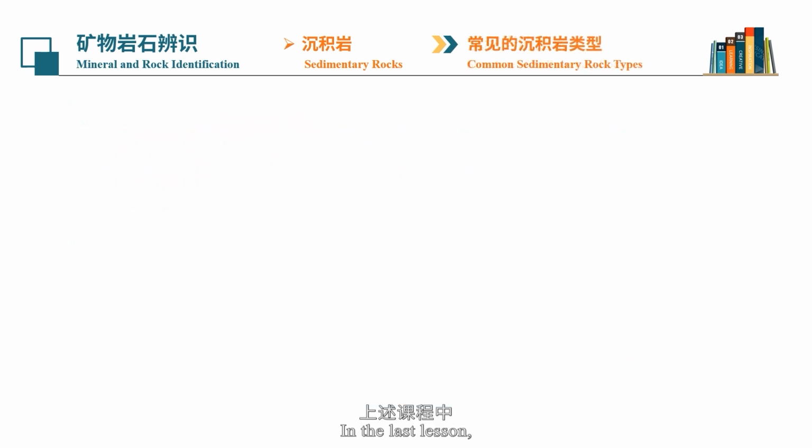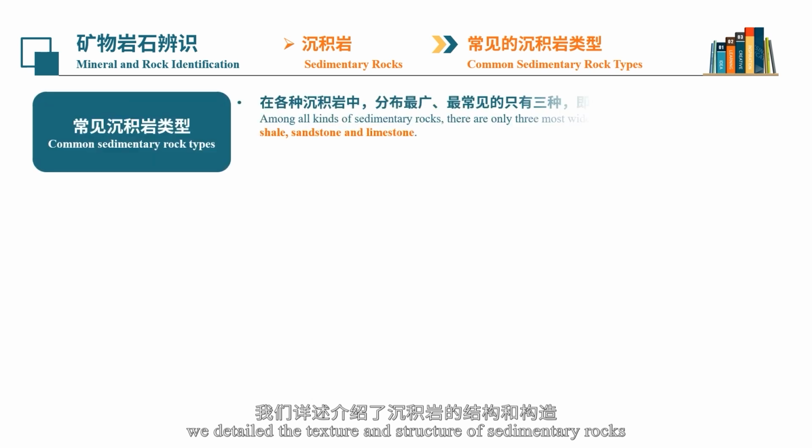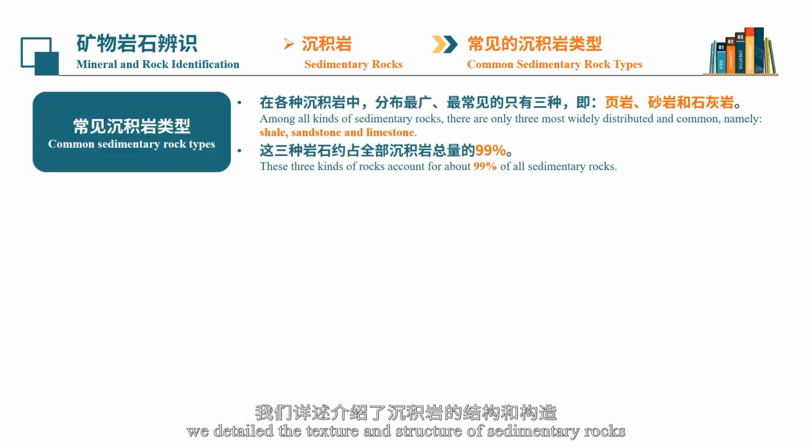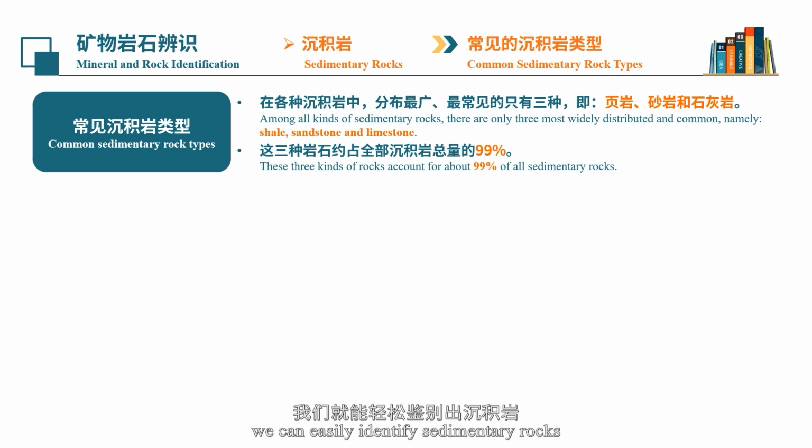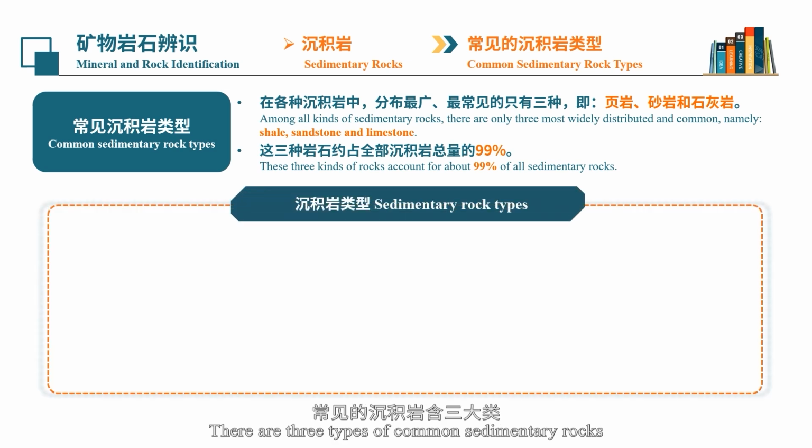In this lesson, we detailed the texture and structure of sedimentary rock. Then, with the structure and tectonic characteristics of sedimentary rocks, we can easily identify sedimentary rocks. So, what are the common sedimentary rocks? There are three types of common sedimentary rocks.